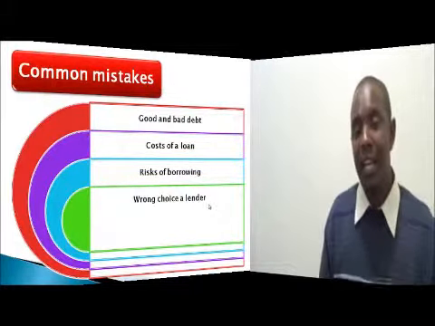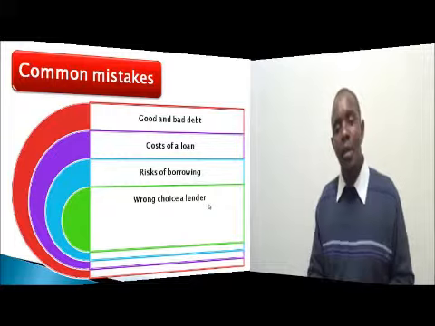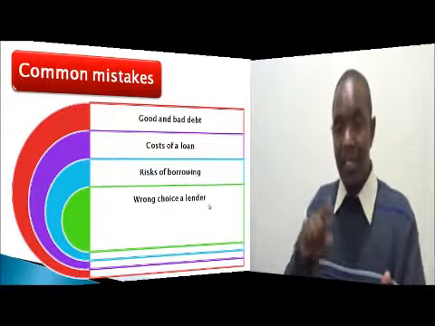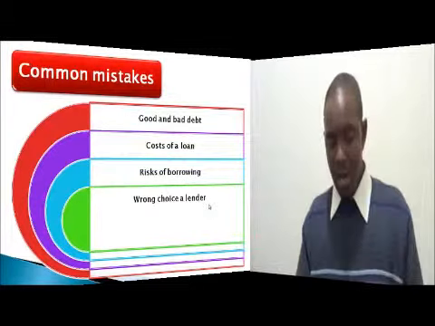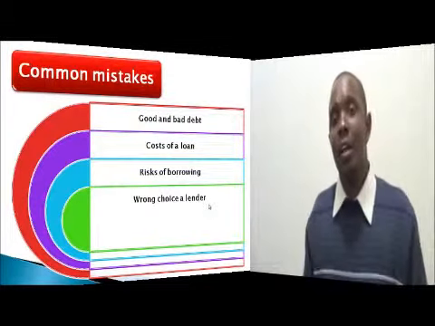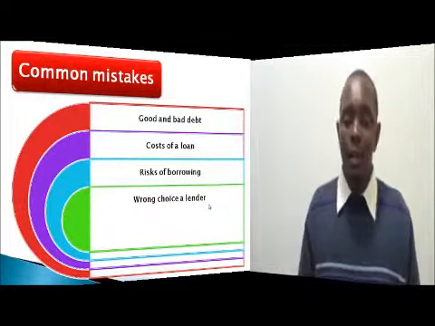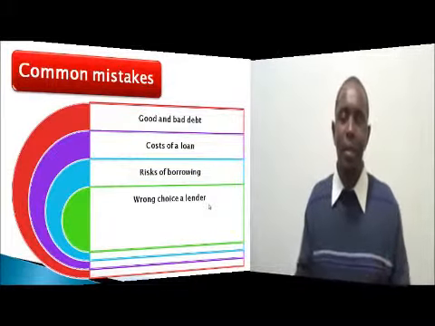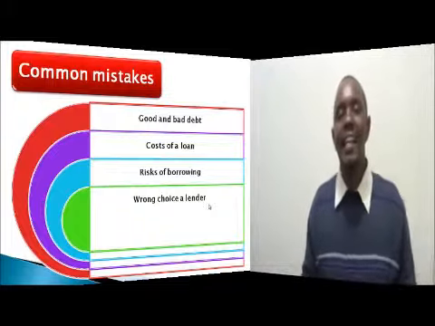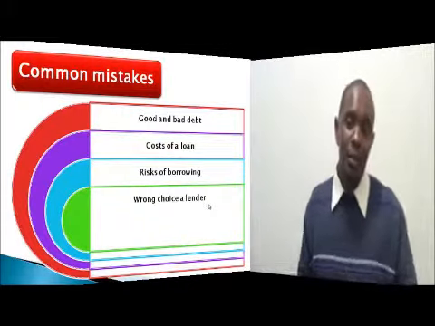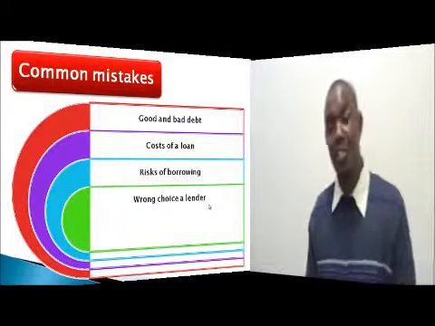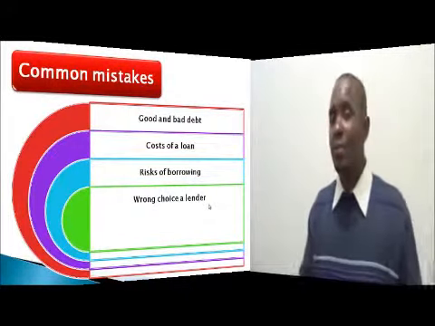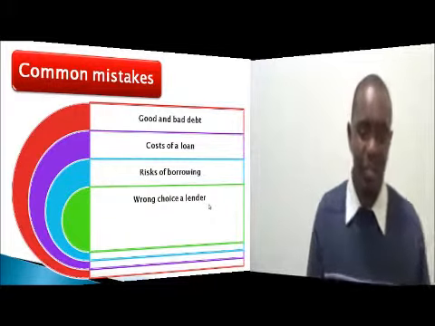Wrong choice of a lender. Remember, we've looked at customer service. We looked at location. And we've looked at the product offerings, or the type of loans that the lender is giving. If you make a wrong choice in terms of service, you might be frustrated. It might be very far, where you have to close the shop and there are other costs involved.